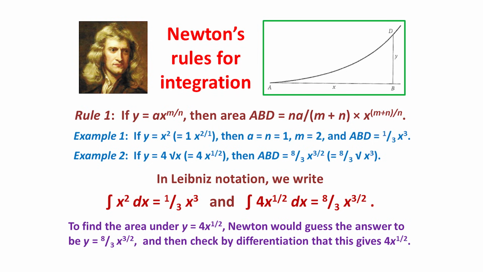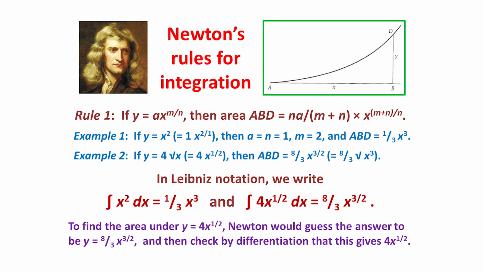In Leibniz's notation, we now write these areas as the integral of x squared dx equals 1/3 x cubed, and the integral of 4x to the 1/2 dx is 8/3 times x to the 3/2.